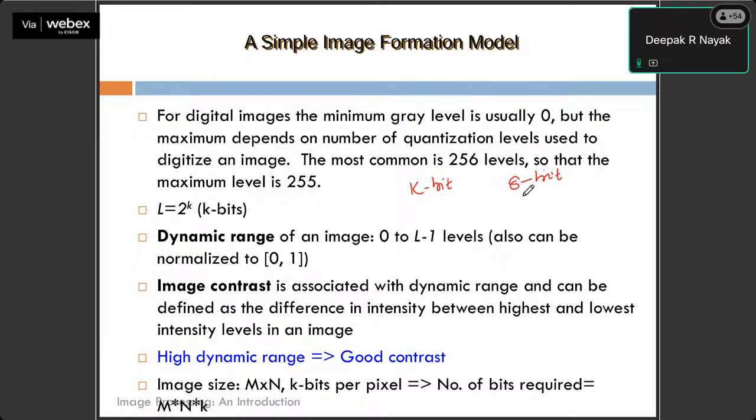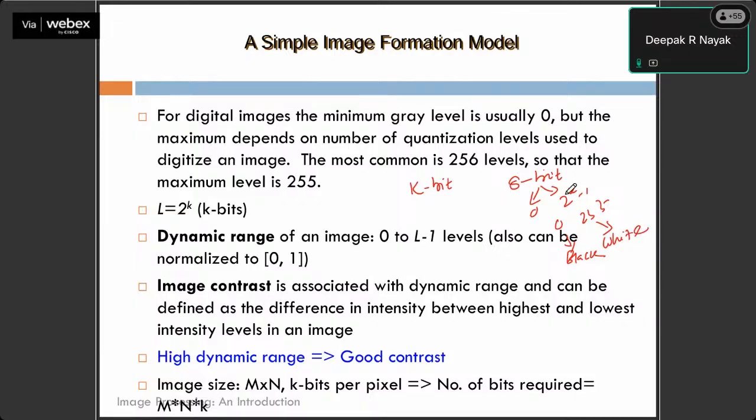So if the image is 8-bit, that means you can represent every pixel value in the form of an 8-bit binary number, right? So the color values in this case will lie from 0 to 2 to the power k minus 1. That means 0 to, in this case, 255, where 0 stands for black and 255 stands for white.